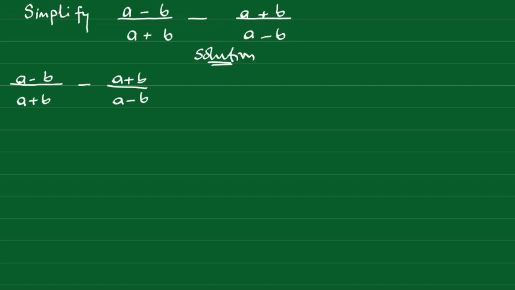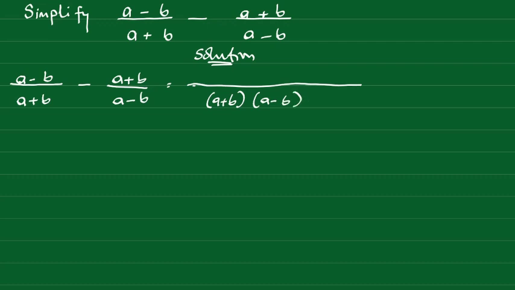Hence, our LCM would be (a plus b)(a minus b). Therefore, we have this as equal to, write out the LCM, bracket a plus b, bracket close, bracket a minus b, bracket close.